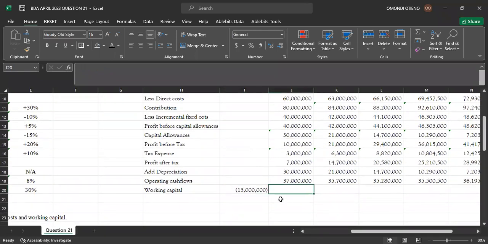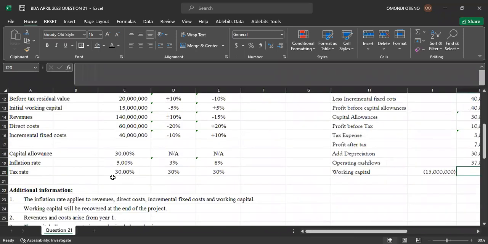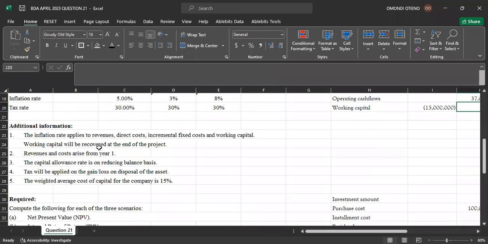What are they telling us about this working capital? The working capital will be recovered at the end of the project. That one comes last, but let's look at it from this point. Additional information number 1: the inflation rate applies to revenues, direct cost, incremental fixed cost, and working capital.